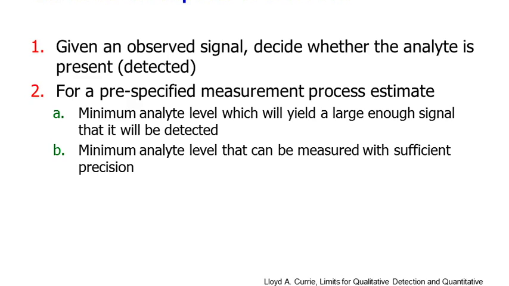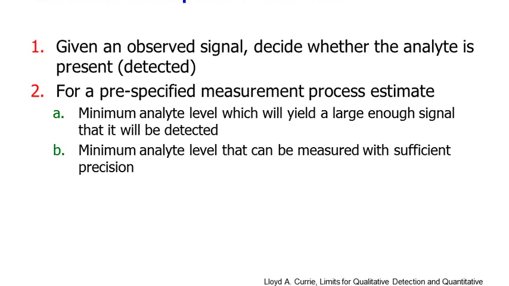First off, given an observed signal, where signal means your actual intensity or peak area ratio or however you want to interpret it, I'm going to keep this general so you can apply it to other things, but ultimately it was applied to targeted proteomics. Given an observed signal, you need to decide whether your analyte or your peptide of interest was actually present in the sample. That's your first job when you look at detection and limits of detection.